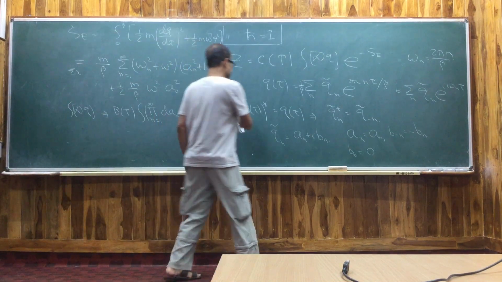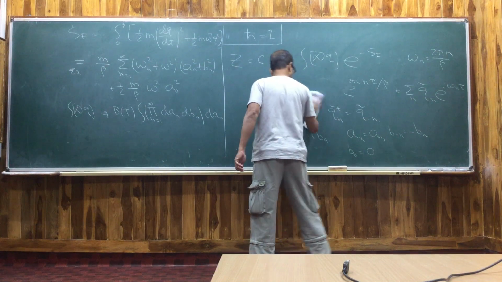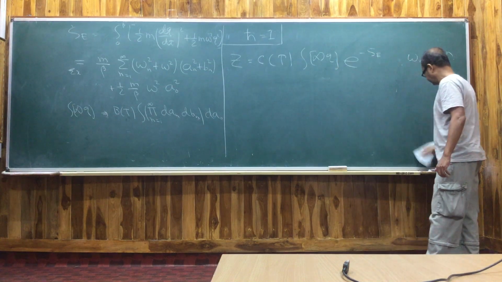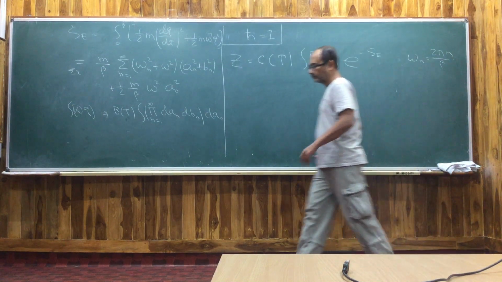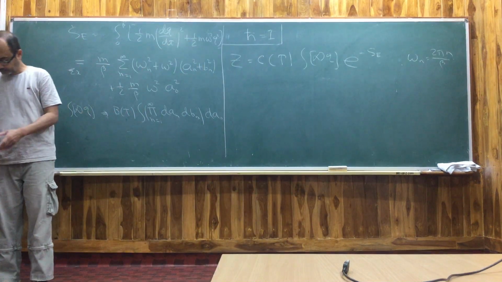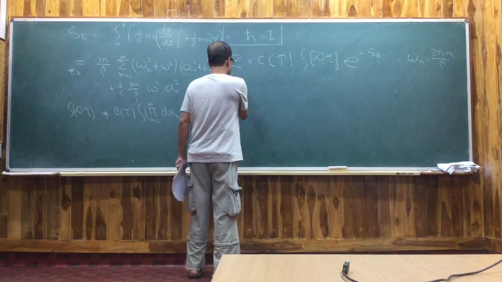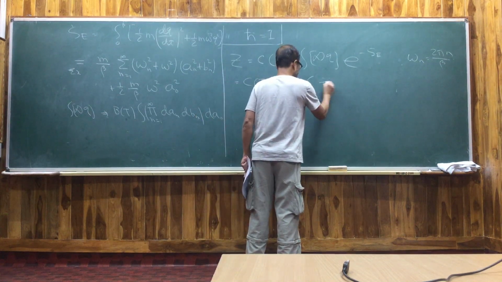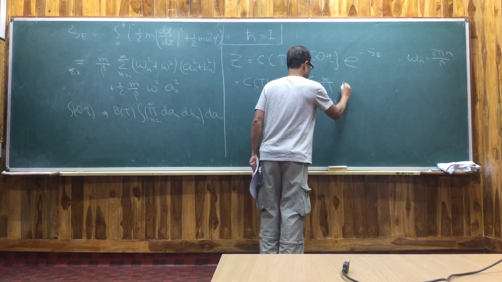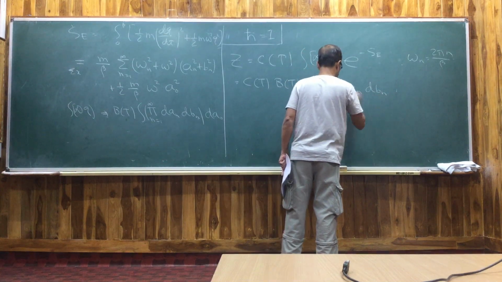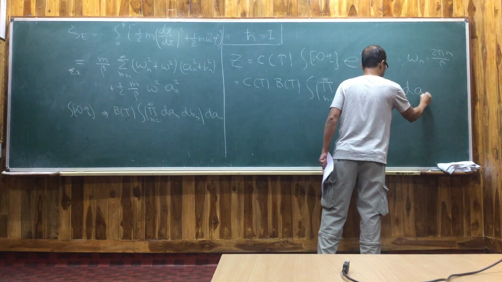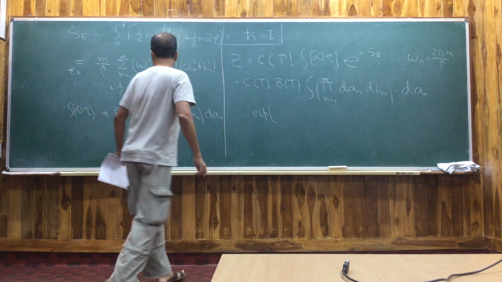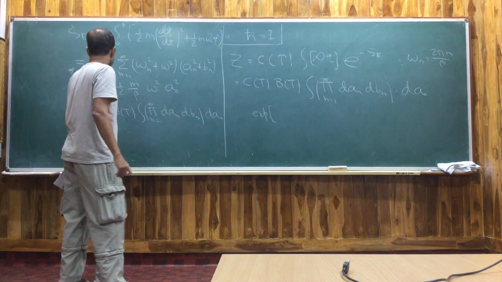So now we substitute here. This gives you C of t, B of t, integral product, exponential of minus of this.